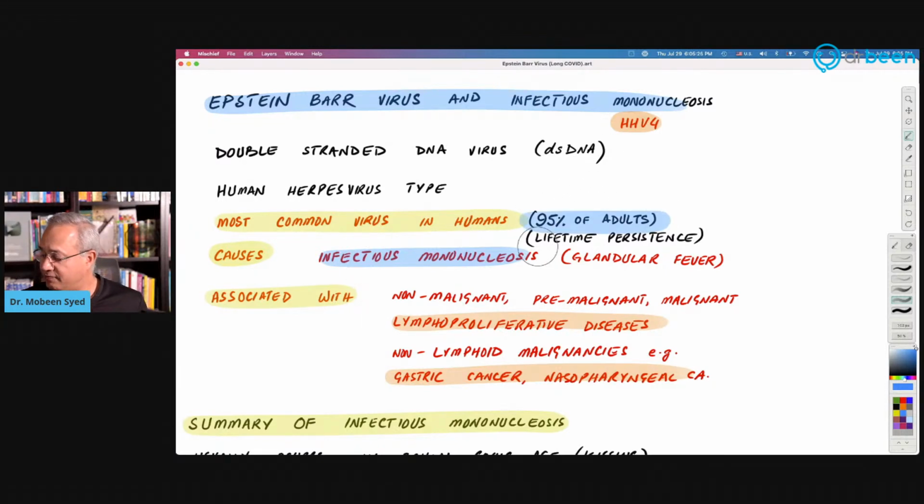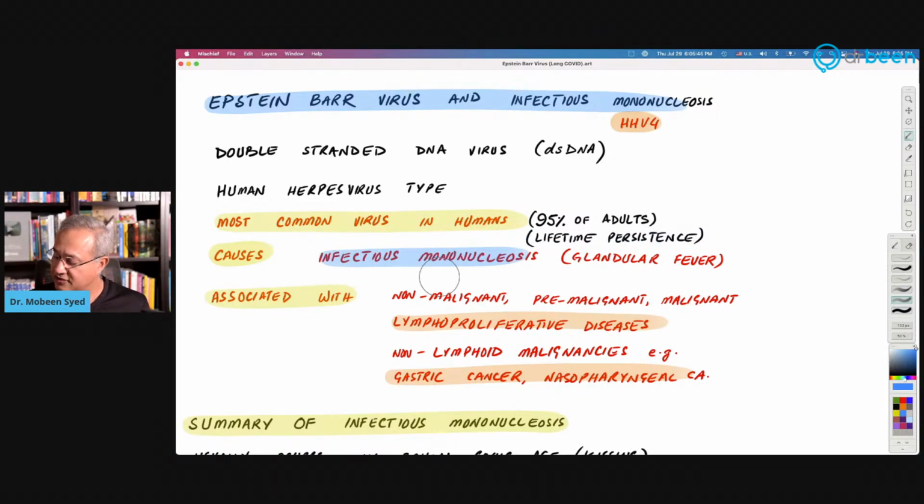In the US, 90 to 95% of the adults are supposed to have Epstein-Barr virus present in them. It persists in us for a lifetime. And I'll discuss more later on. This is a summary of it.